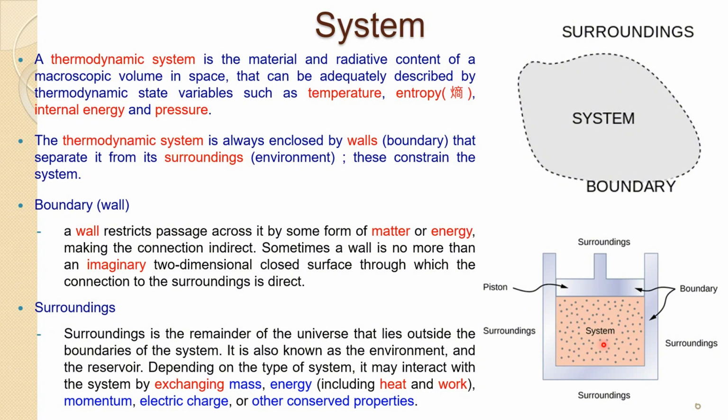When you exchange energy, you can increase the temperature, which is thermal energy, or heat, and also work. So not only mass and energy, but also momentum, electric charge, or other conserved properties. But here we only talk about mass, energy and momentum for chemical engineers.